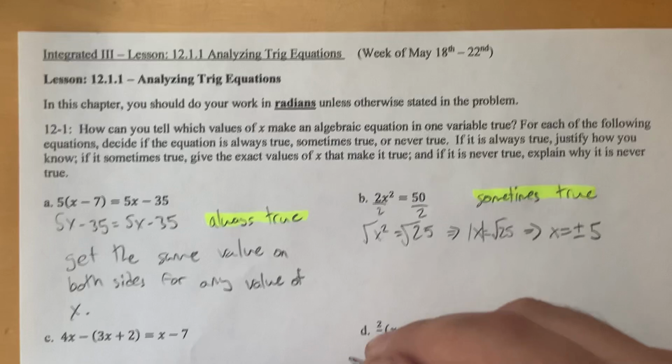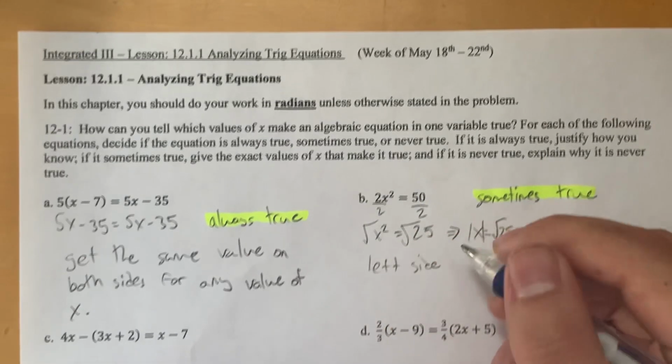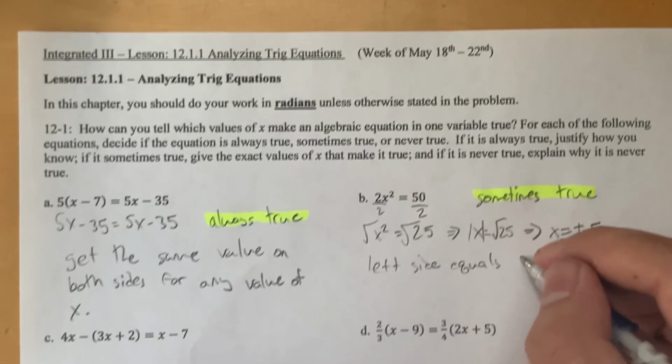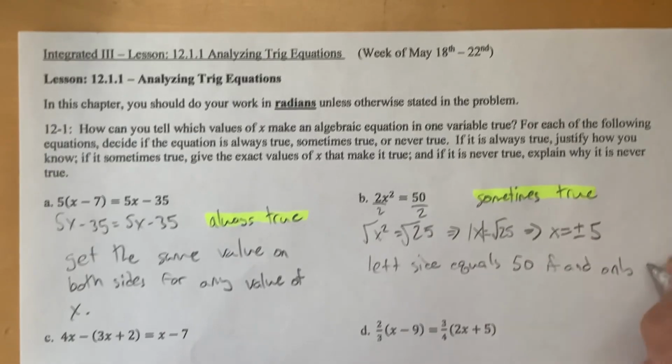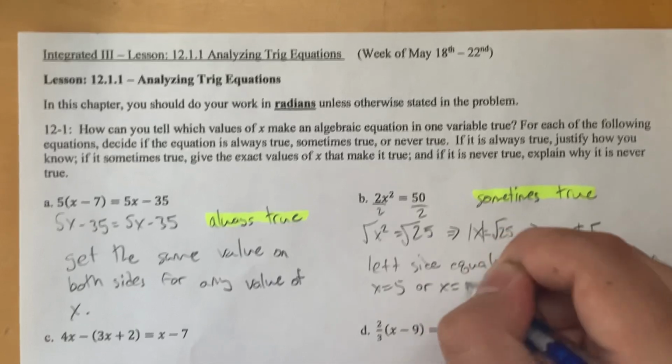So I'm going to say the left side equals 50 if and only if x equals 5 or x equals negative 5.